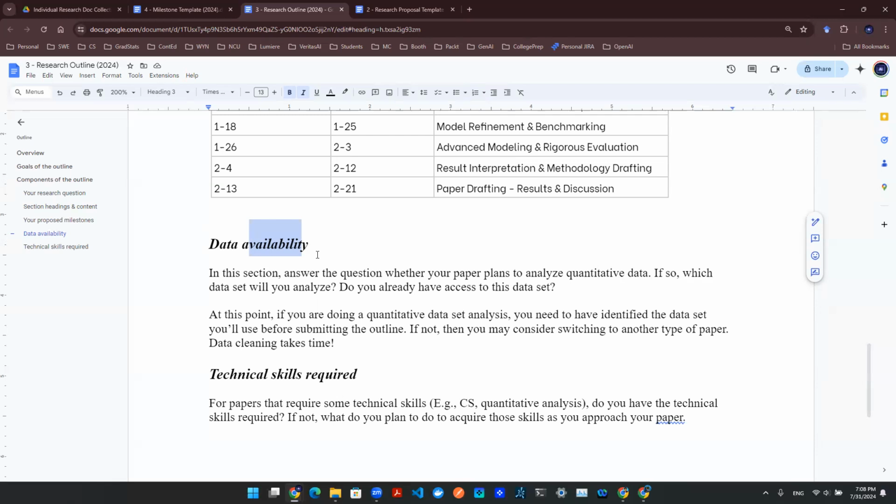Now, of course, there is no guarantee that any data that you found online will magically work out well to serve any research question that you asked, right? Certainly, there's a good amount of data visualization and exploratory data analysis going on in there. These are good things to discuss in this data availability section. If you can find original data that works for you, then great. If you can't find it and you need to do some data engineering, that's no problem at all. You can certainly discuss that here as well.